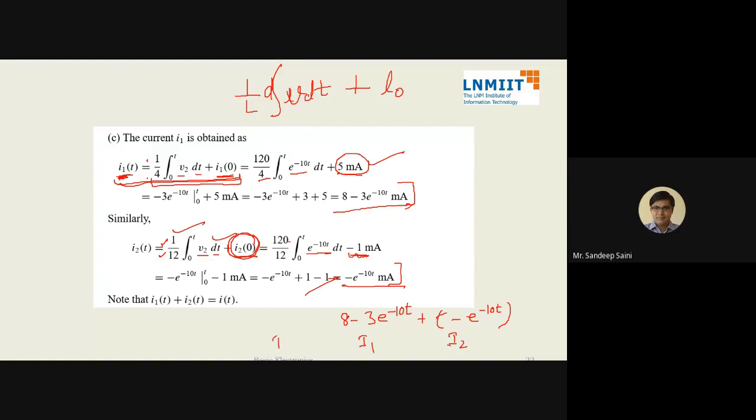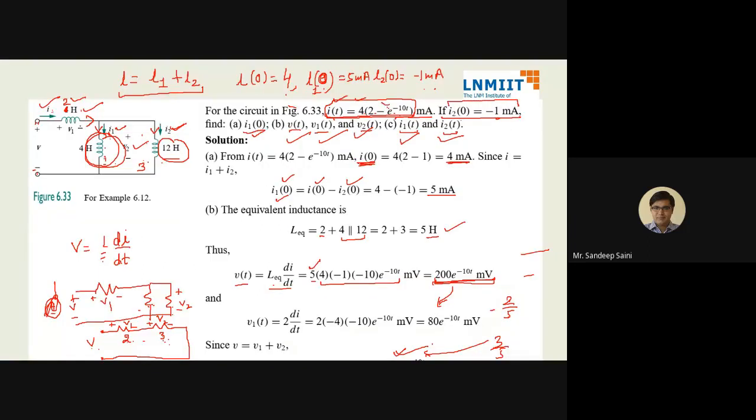If you add both of them, what is the equation that you are getting? 8 minus 4 e raised to power minus 10t. That means 4 common, 2 minus e raised to power minus 10t, which is the same as what is given to us. Is that fine? Yes, sir.